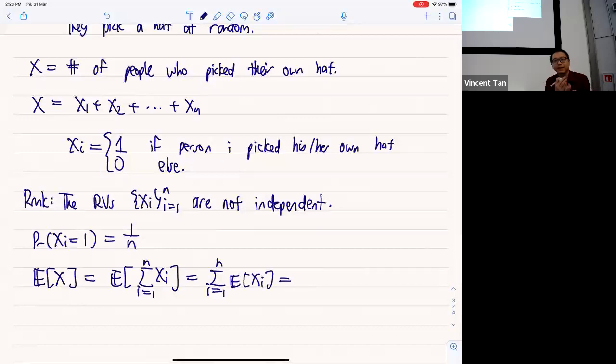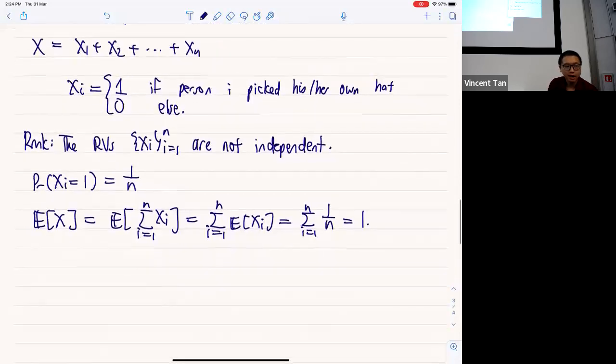Here, expectation of the sum is the sum of the expectations holds for any collection of random variables, independent or not independent, whatever. And this is a very deep result that can help us to show many interesting things in theory. If you take my higher level class, you know that this simple relationship can bring you very far in life. So here you have sum 1 over n, which is 1. So on average, one person out of n will pick his own hat.